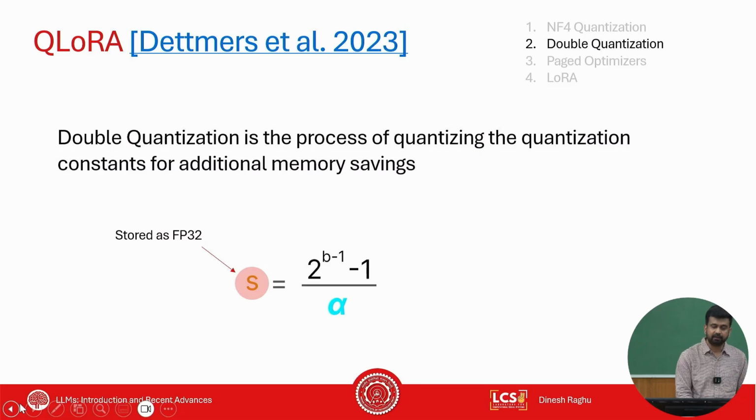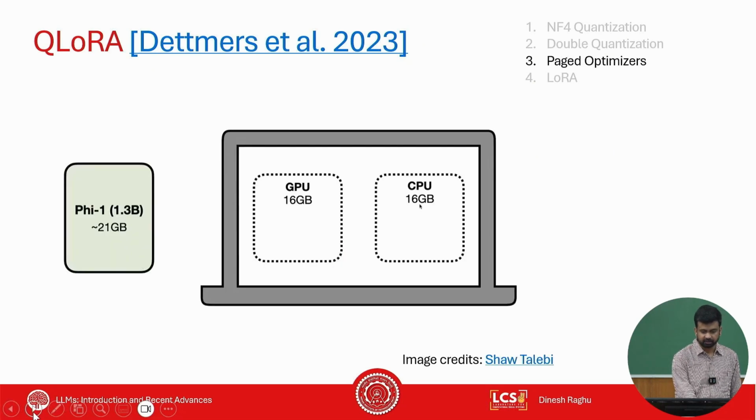But now imagine you have so many vectors in your parameter space, because there are going to be so many matrices, so many feed-forward networks, so many weight matrices, attention weights, and so on, and you will end up with so many constants, right? So storing these constants would end up taking a lot of memory.